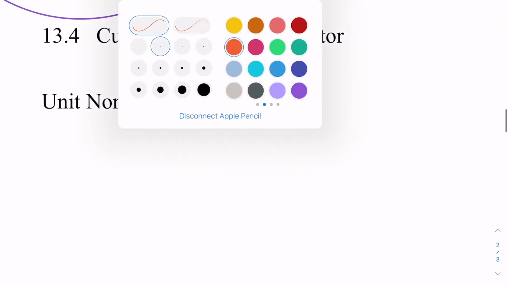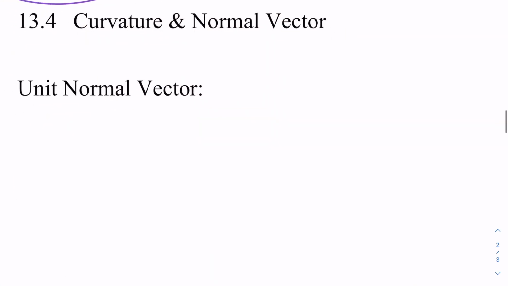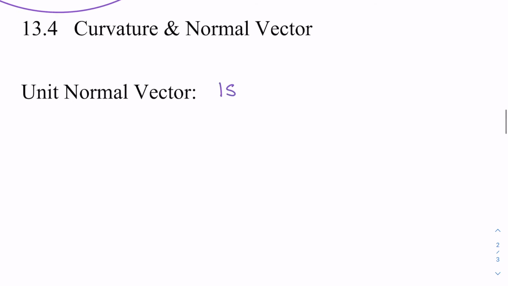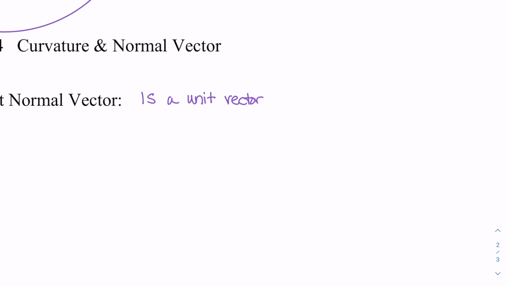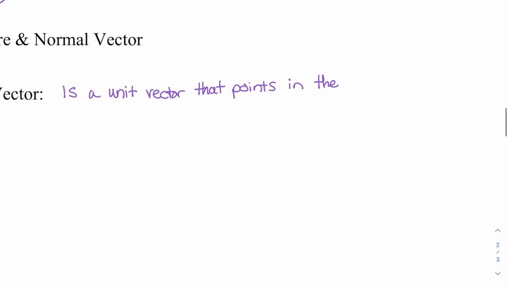So the unit normal vector is a unit vector that points in the direction the curve is turning.